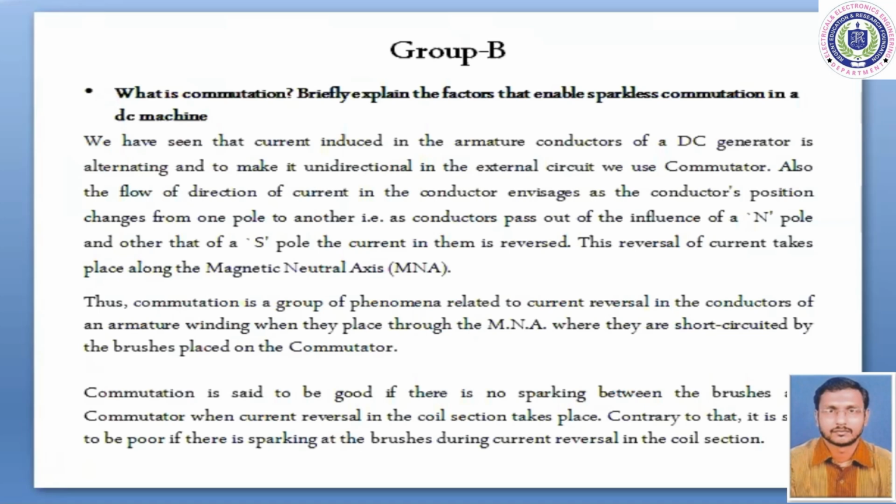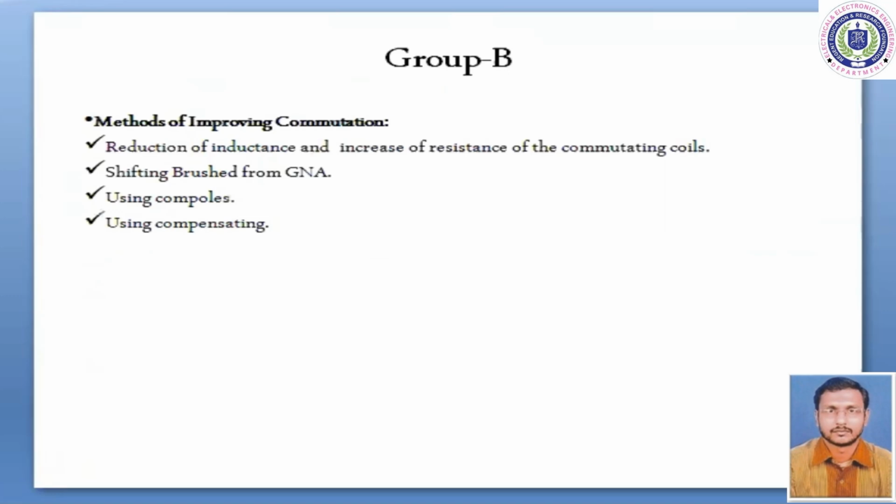And last, I have mentioned the different processes associated with improvement of commutation. That is, by reduction of inductance and increase of resistance of the commutating coil, we can improve the commutation.